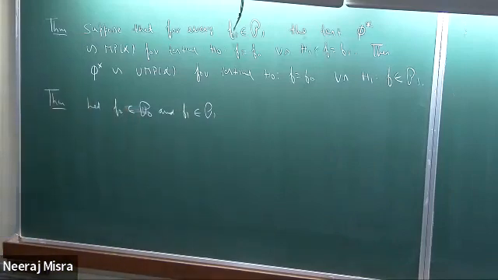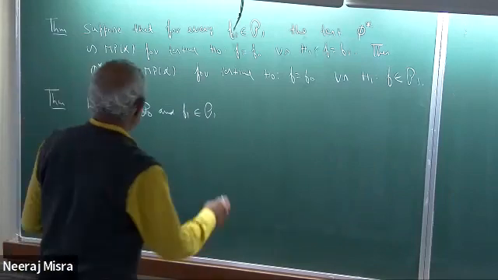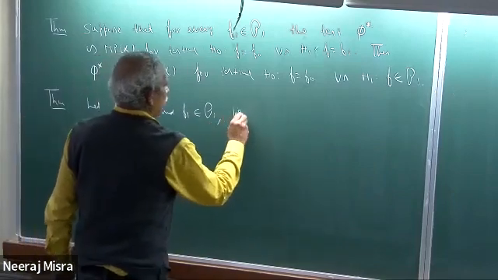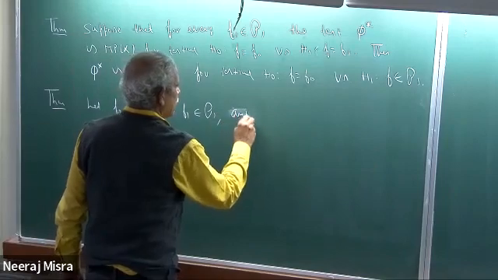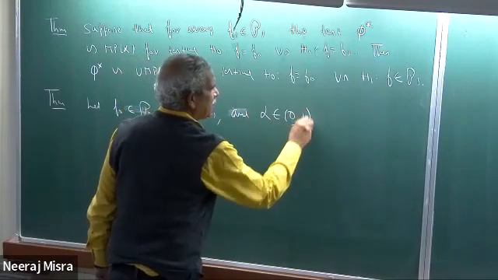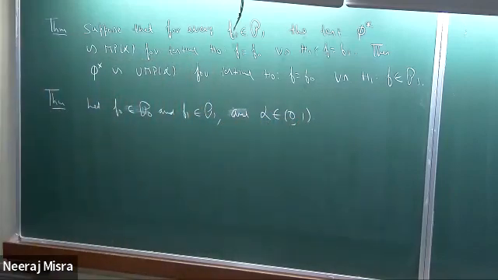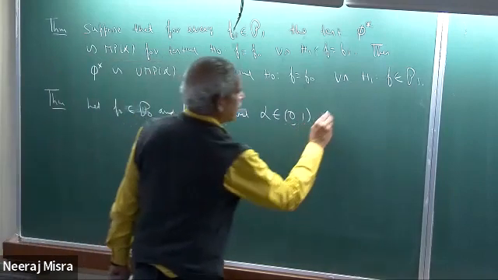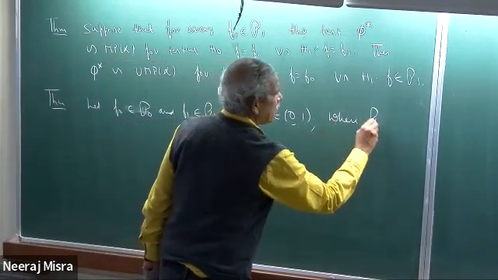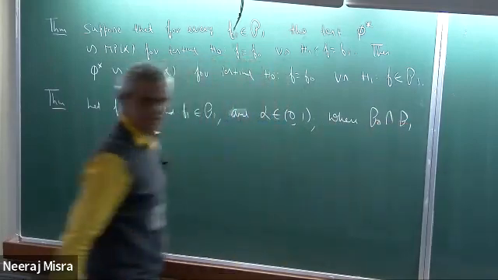Right? So let F0 belong to P0 and F1 belong to P1. And alpha is between 0 and 1. There, this P0 and P1 are disjoint classes of PDFs, right?